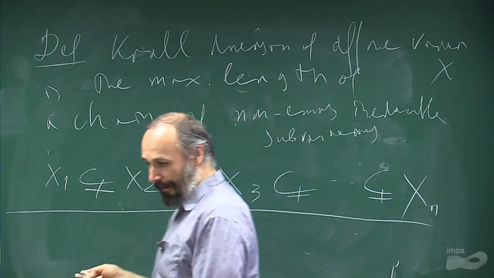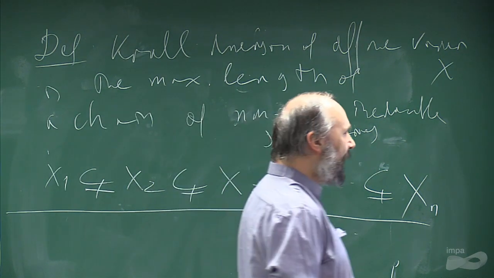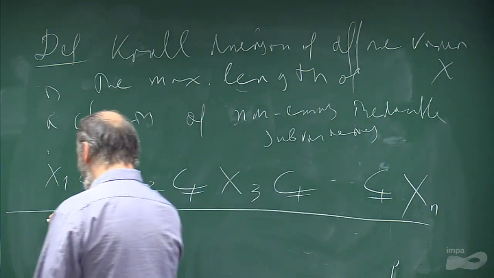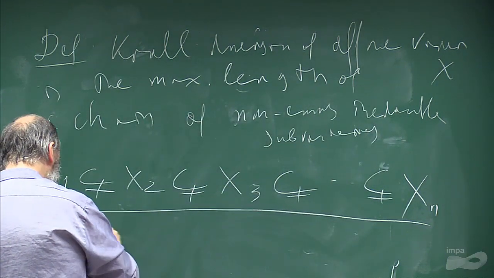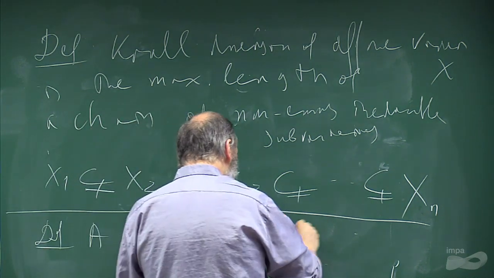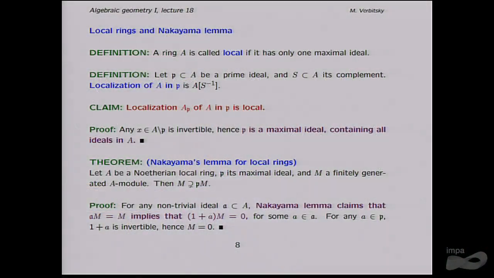So for a while I forget about the Krull dimension and just give you a reminder about local rings and the Nakayama lemma. So definition: a local ring is a ring A that has only one maximal ideal.